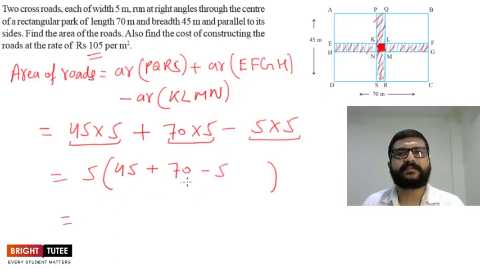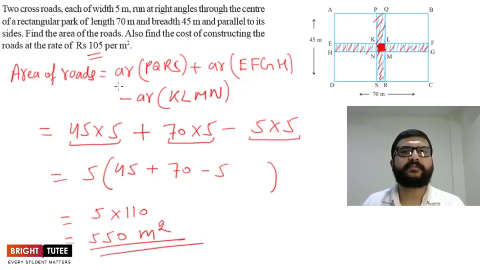So now what we are getting, 45 minus 5, it will be 40. Now 40 plus 70 is 110. So it is basically 5 into 110. Now 5 into 110 means 550 square meters. So this is the area of both the roads, 550 square meters.